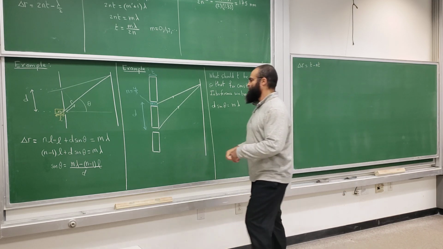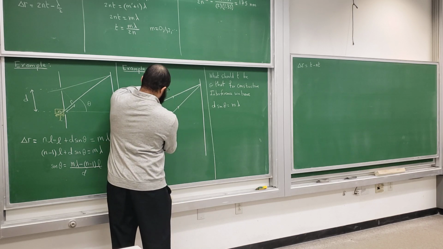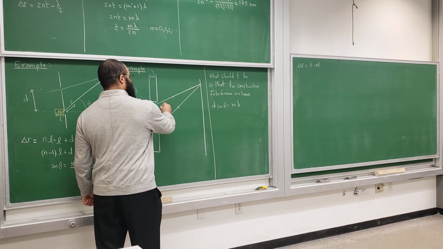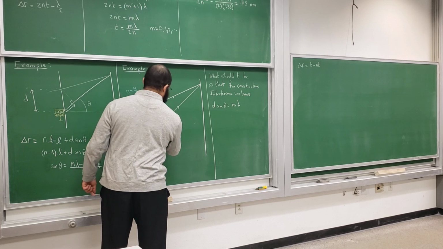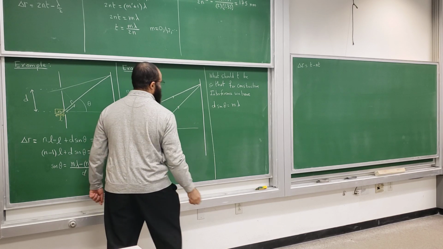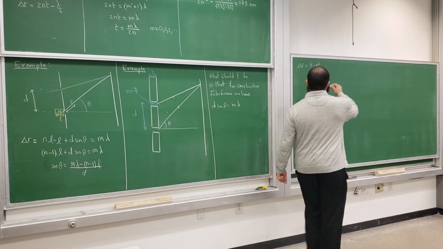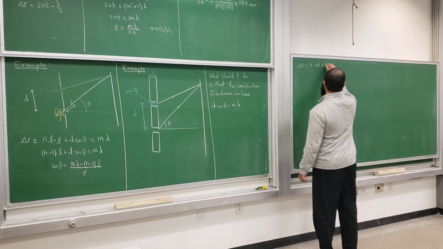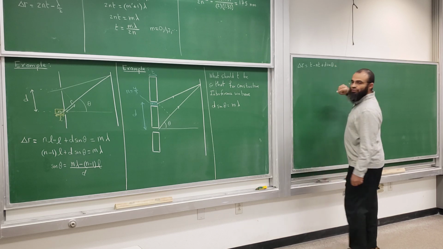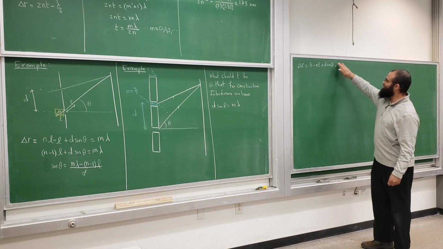And then how about from this point and on? What's the path difference? d sine theta, good. This is theta, right? So this part is d sine theta. So plus d sine theta. And we want that to equal what for constructive interference?